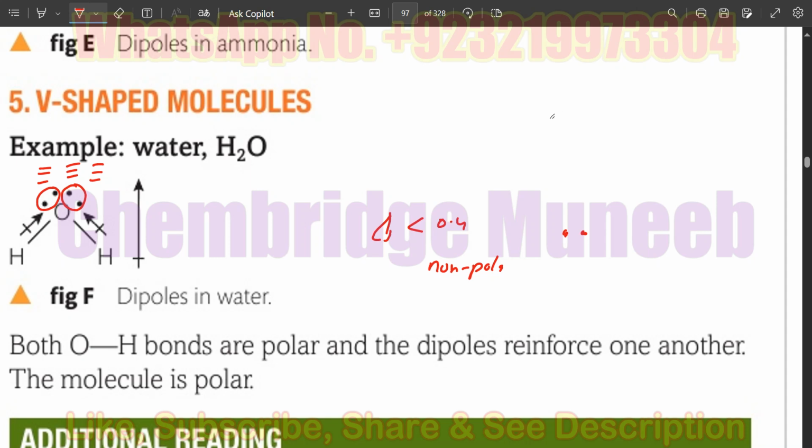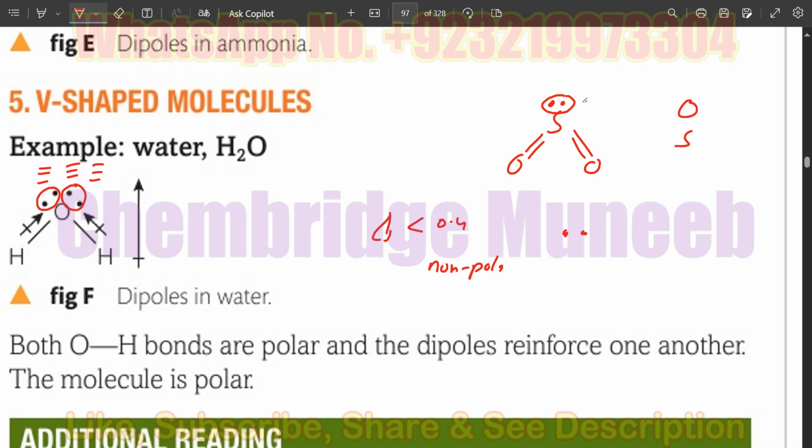You can also take an example of sulfur dioxide. There is a lone pair on this sulfur. Although the difference between sulfur and oxygen is very small, because sulfur is present just below the oxygen atom, the change is not large. It is a very small difference, but because of the presence of the lone pair on the sulfur atom, this molecule is polar. Are the bonds polar or non-polar?